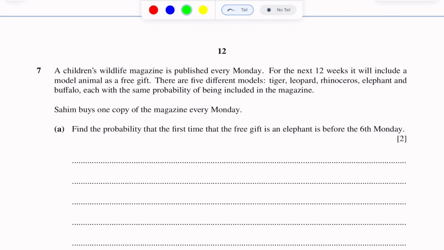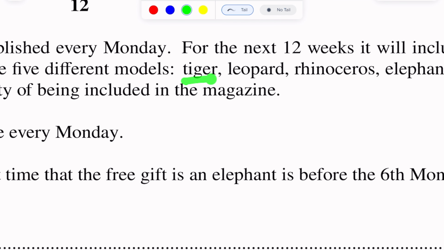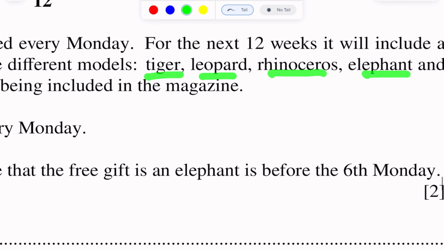There are 5 different models. Animals are tiger, leopard, rhinoceros, elephant, and buffalo.